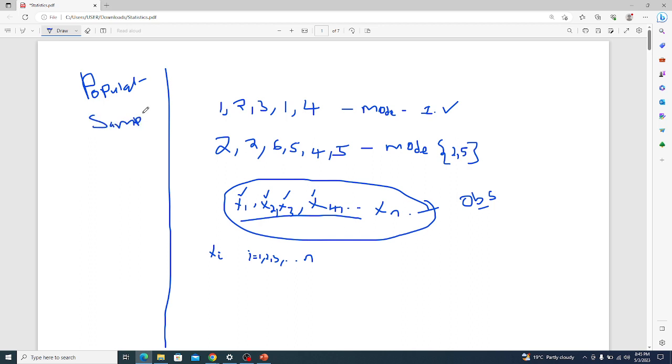What do you understand by the term sample data or population? Can someone differentiate between population data and sample data before we talk about the mean? Because I will need us to define some things.